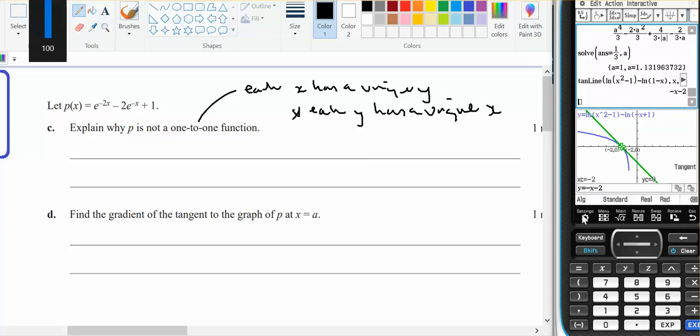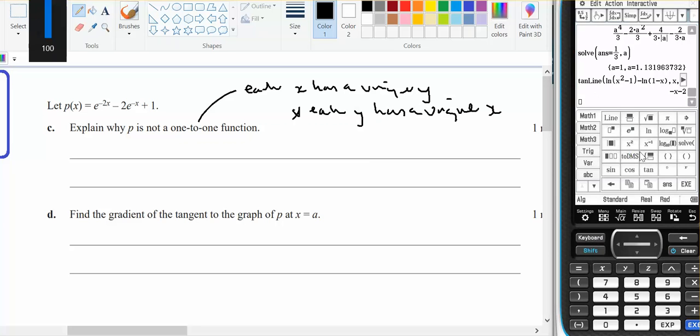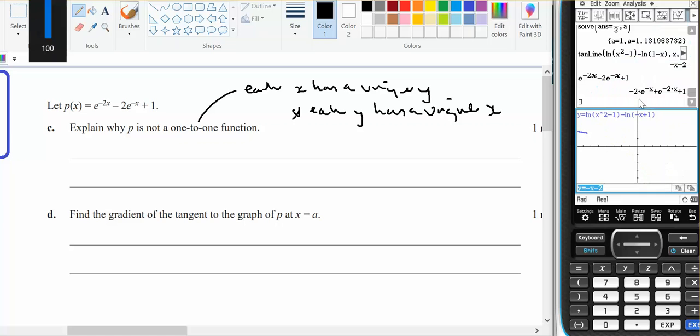So if we look at e to the -2x minus 2e to the -x plus 1, and have a look at that graph, I can see that it is not.